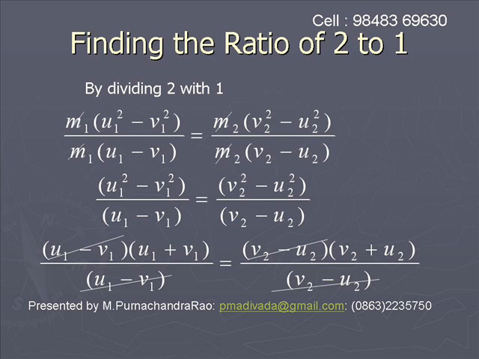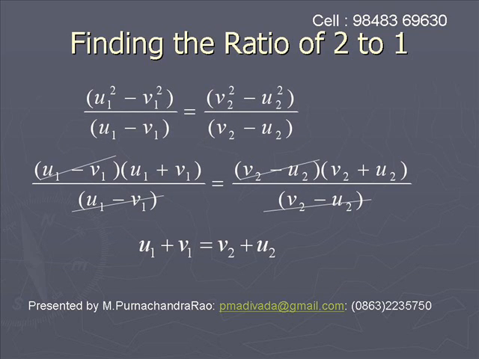Similarly, v2 square minus u2 square can be written as v2 minus u2 into v2 plus u2 divided by v2 minus u2. v2 minus u2 gets cancelled and we will be left with v2 plus u2.